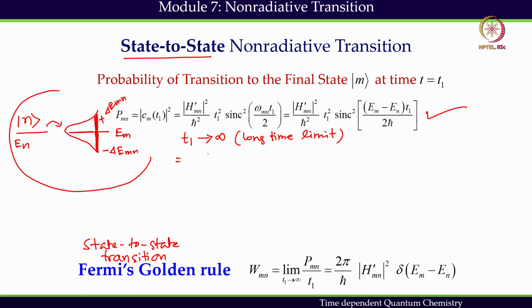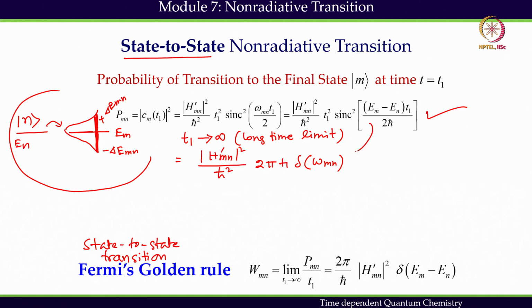This is going to be then |h_mn'|² divided by ħ². Then I have 2π T1 Δω_mn within this limit.